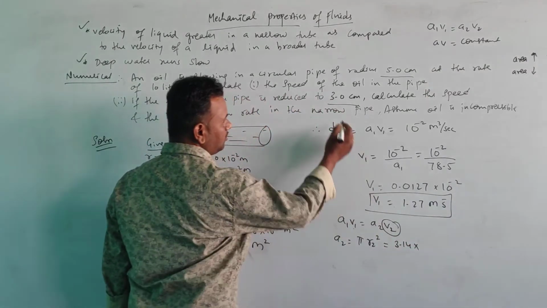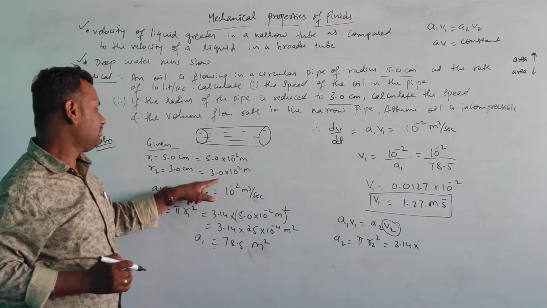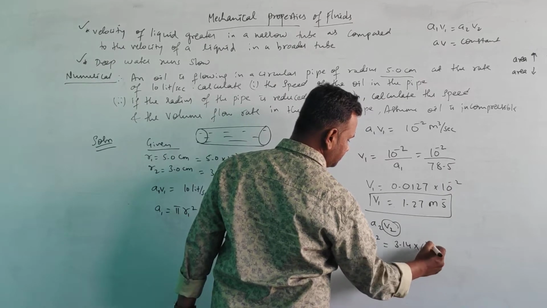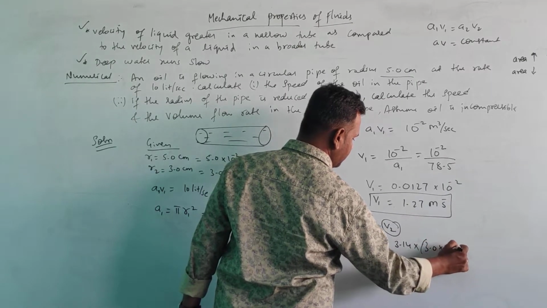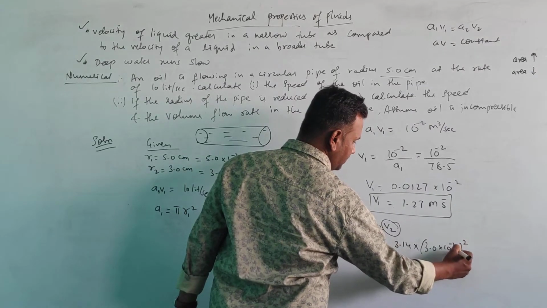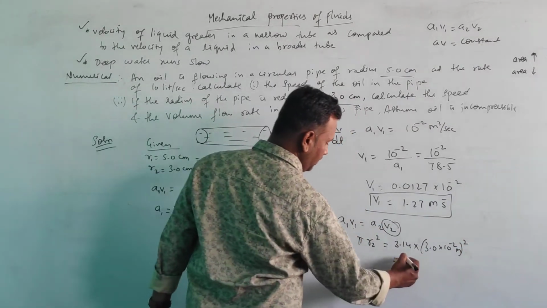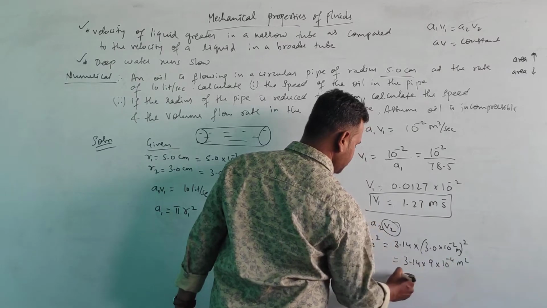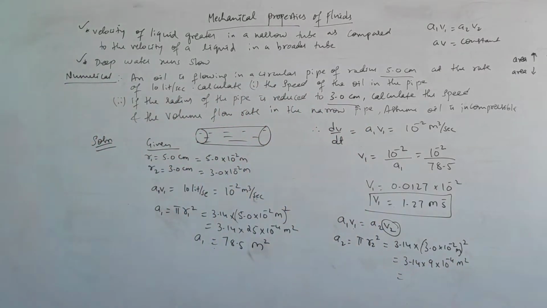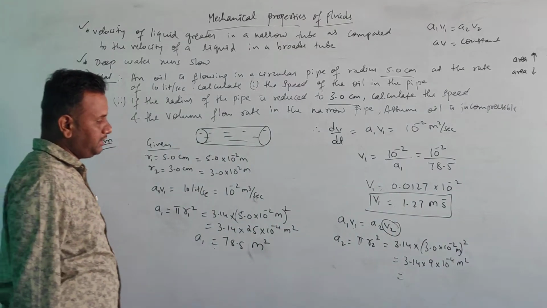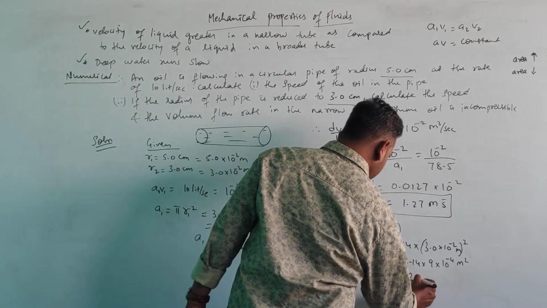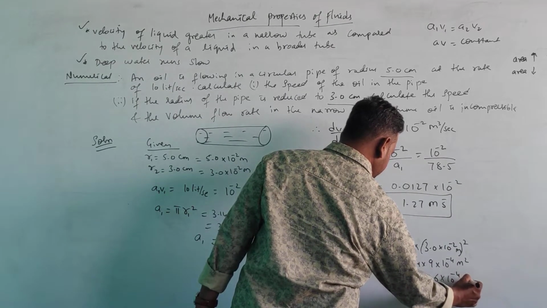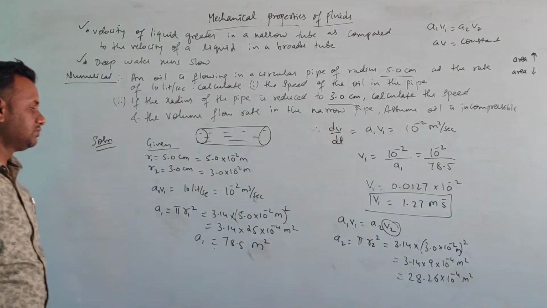3.14 into R2, which means 3 centimeters, that is 3.0 into 10 to the power minus 2 meter, whole square. So we will be getting 3.14 into 9 into 10 to the power minus 4 meter square. After multiplying you will be getting 28.26 into 10 to the power minus 4 meter square.